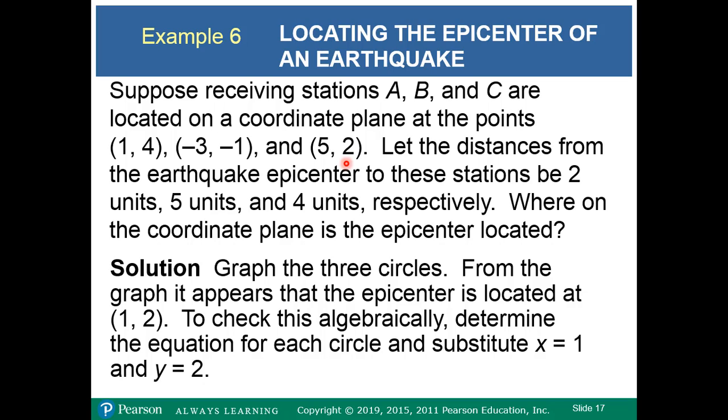So what we're going to do is graph the 3 circles. Because this is going to be a point on a circle that has a radius of 2, this point is going to be a point on a circle that has a radius of 5, and then this is going to be a point on a circle that has a radius of 4.